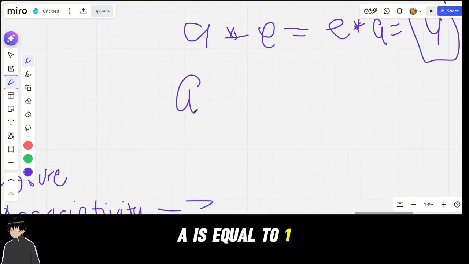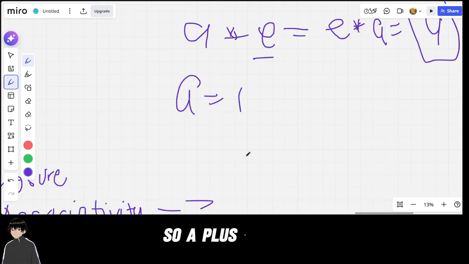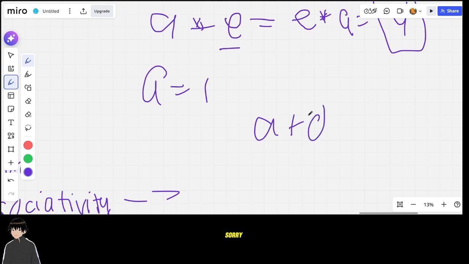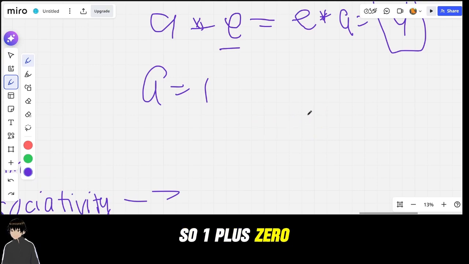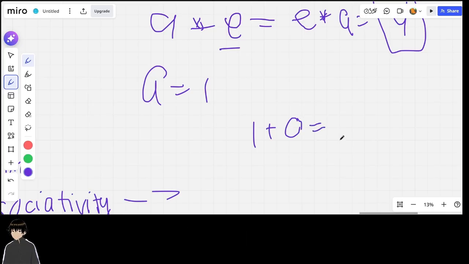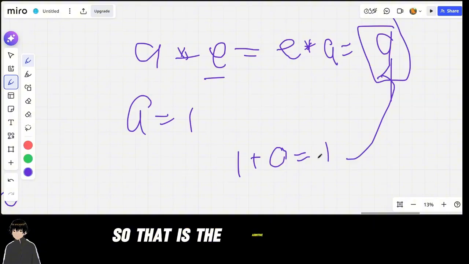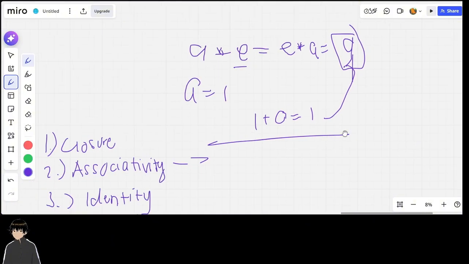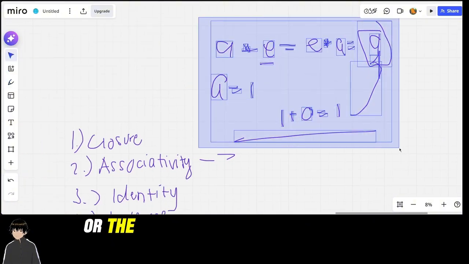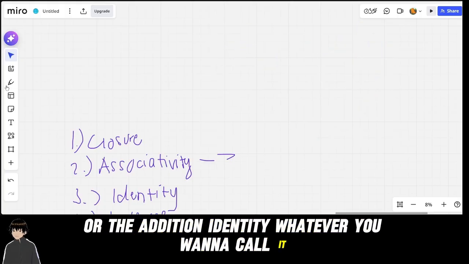Now E will be 0. So 1 plus 0 is equal to 1. You came back to where you started. So that is the additive identity, or the addition identity, whatever you want to call it.